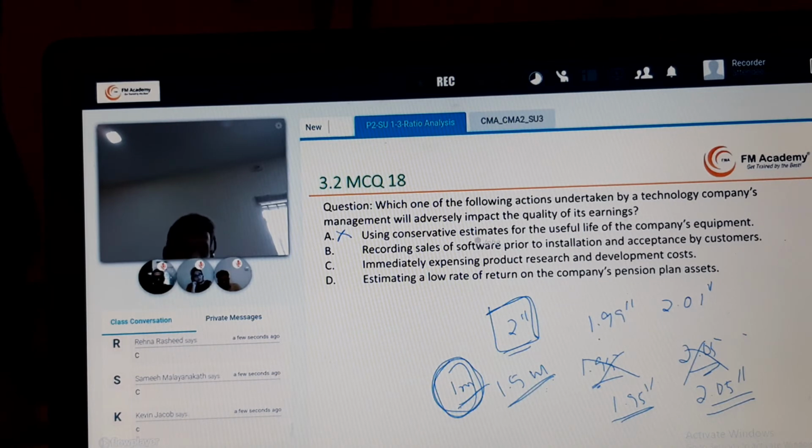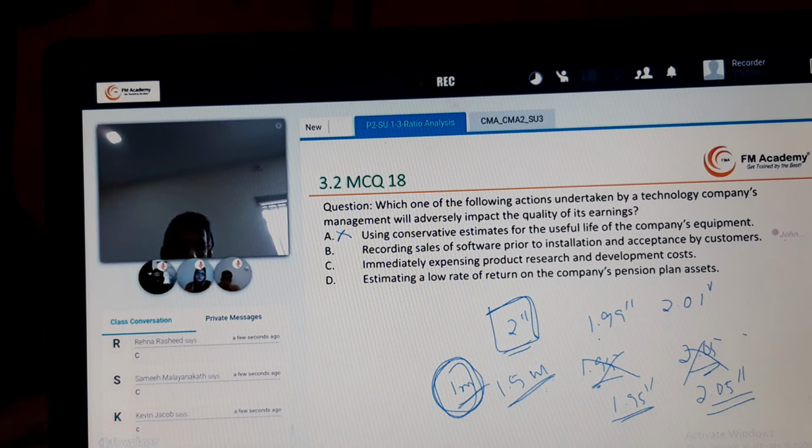Recording sales of software prior to installation and acceptance by customers. That is actually you are really exaggerating sales, right? See, sales should be recognized only after the installation is complete and the customer is accepting. So that means there is a tendency to overestimate sales. There could be a reversal of what you have recognized in the subsequent period.